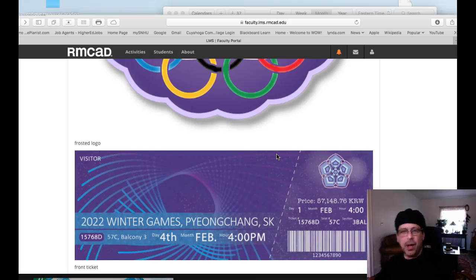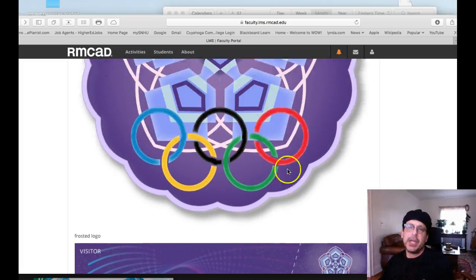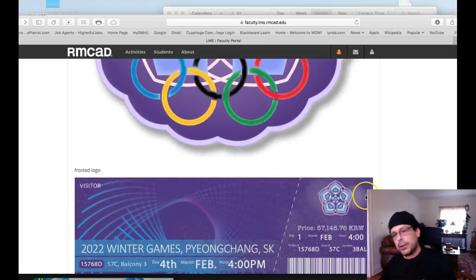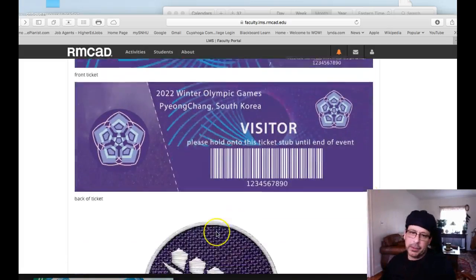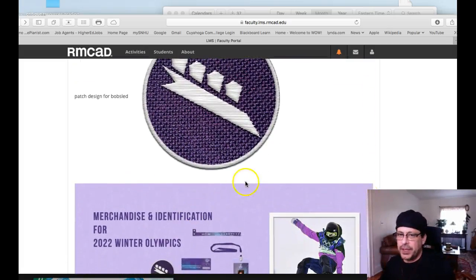The signage and the banners on the roads, the banners on the ski tracks, the ice skating rinks, all the interior graphics, all of that fits together into a nice package, as opposed to here's my logo on my ticket, here's the back of my logo on my ticket. Do you see what I'm saying?